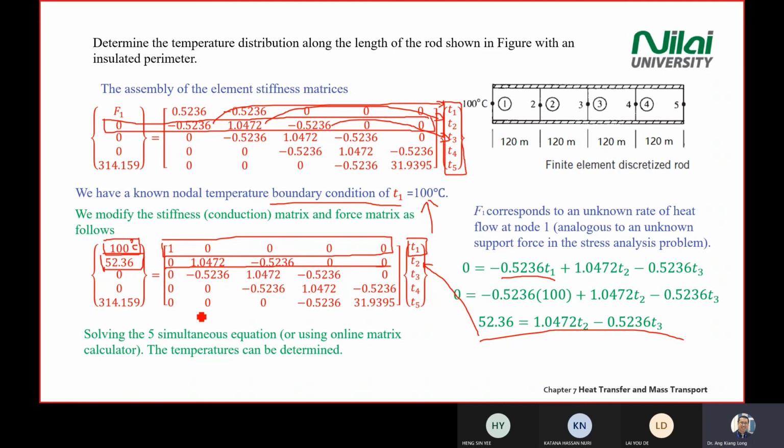Okay, once we have it, then you have 5 simultaneous equations here. All the values you know for the left hand side, K matrix, all is given, only missing 5 unknowns. So 5 equations, 5 unknowns, you're able to solve. You are allowed to use the online matrix calculator to find. I already showed you how to use it. So you just inverse this matrix times this matrix, you're able to get T1, T2, T3, T4, and T5.